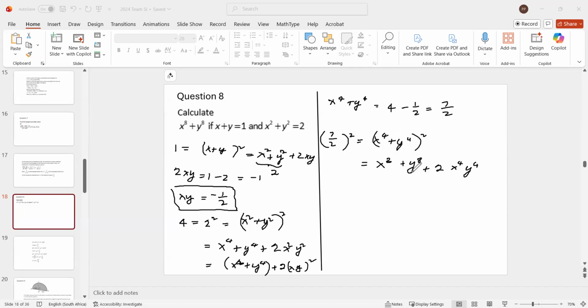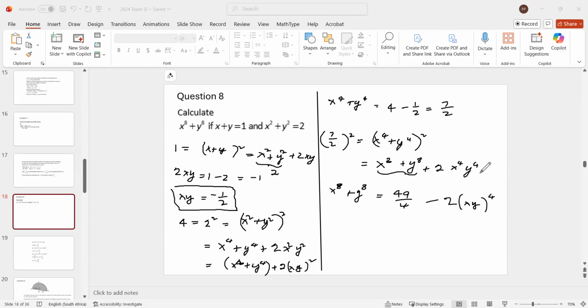So you've got x to the 8 plus y to the power of 8, this part here, is equal to 49 over 4, minus 2 xy to the power of 4.